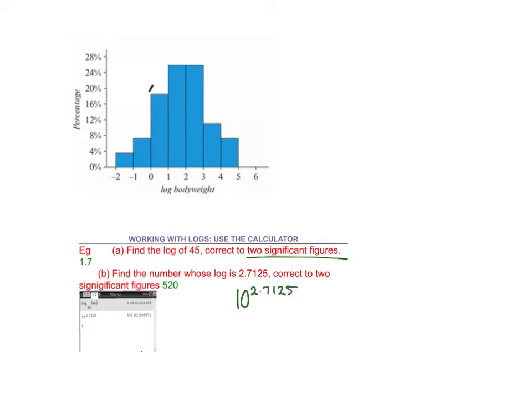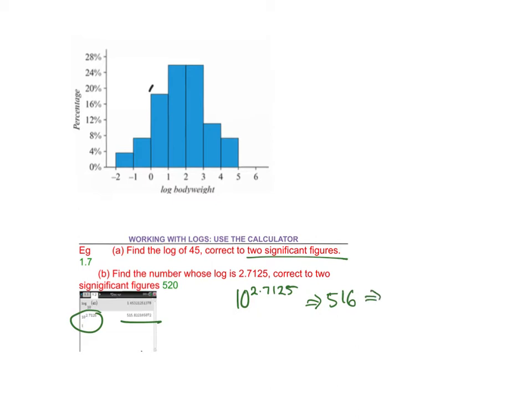So if I do that on the calculator here, you can see some animal that has that log number is roughly around 516. Oh no, it said 2 significant figures. So if it says 2 significant figures, what that means is, I'm going to say it's roughly 520.